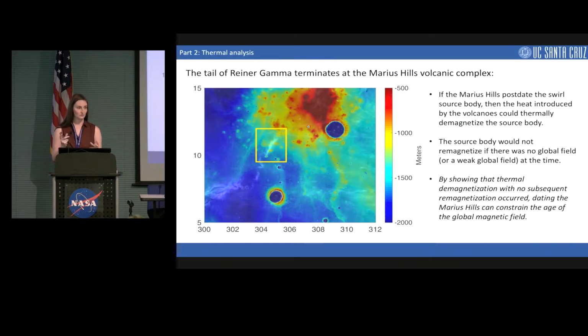If the swirl was formed before the Marius Hills formed, when they emplaced all that heat into the crust, thermal demagnetization could have occurred of the source bodies. And if the global field at that time was either weak or non-existent, the demagnetized source bodies would not subsequently remagnetize. So by putting a date on when the Marius Hills were formed, we can further constrain the age of the lunar dynamo.